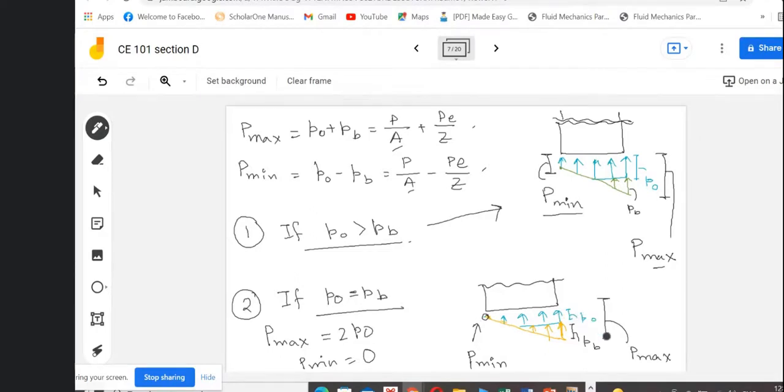The other part will remain as 0. So the stress distribution will vary from 0 to twice P naught, and here it will vary from P minimum to P max. Now another condition left is that if the P naught is less than PB.